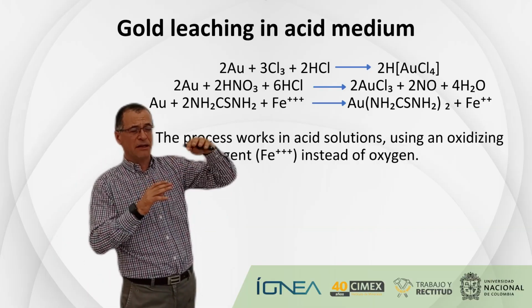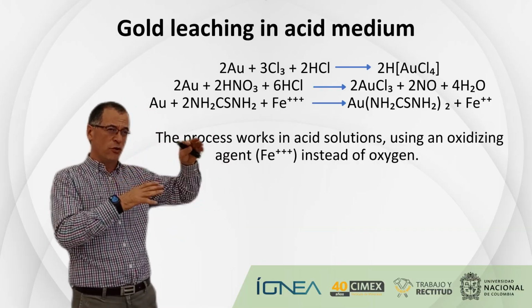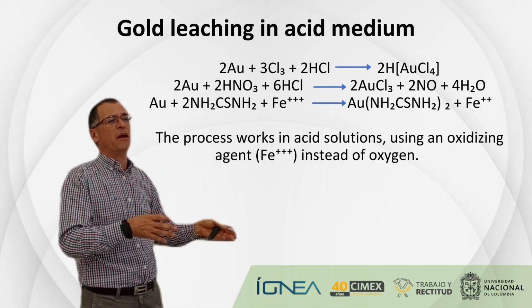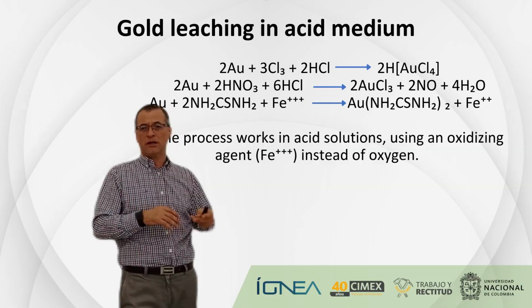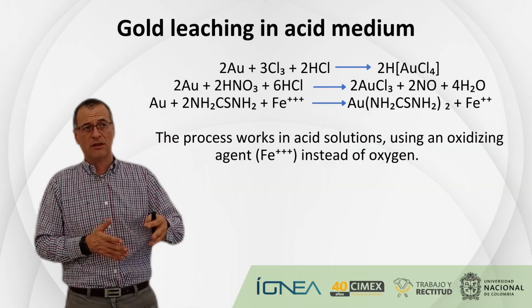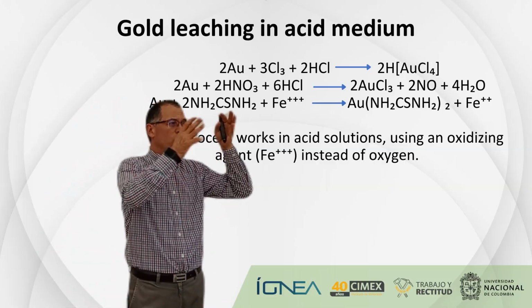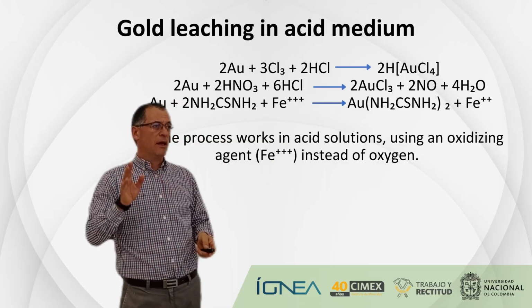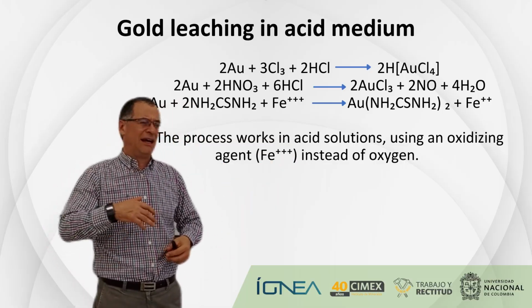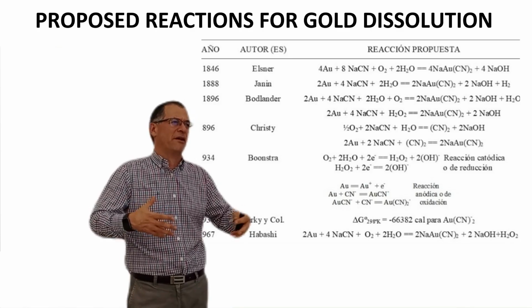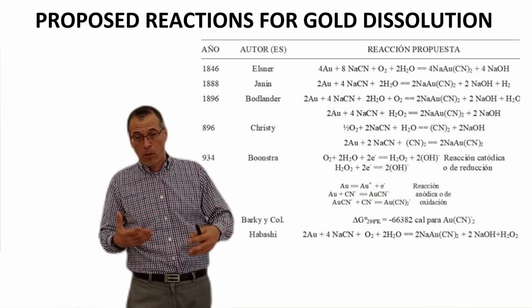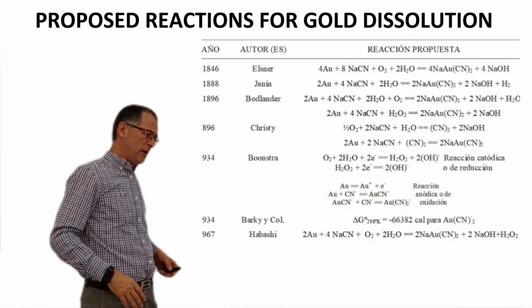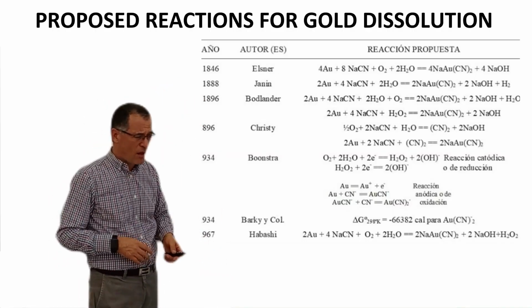And maybe then you use the chloride, and then you can use the nitric acid in order to dissolve completely. Okay, but it's not very common, and the most important reactions that have been proposed to dissolve the gold are presented here.